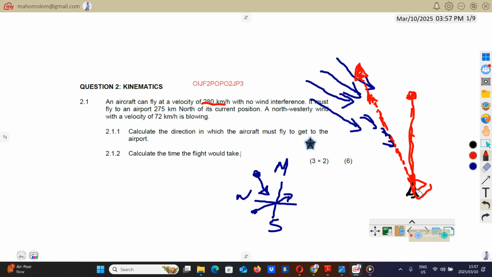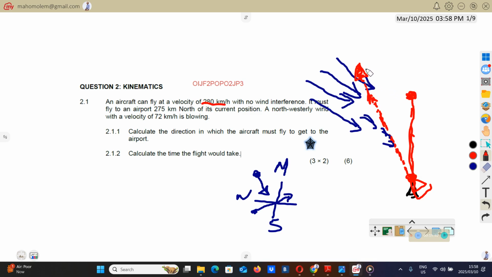That's why you'll see this line from here to there is going to be shorter. The length of this represents the speed. So this is the actual, or new, speed after the combination of this wind speed and this aircraft trying to take that direction. So these two forces will result with a new speed, represented by this line here, which is shorter now, which means the speed will be decreased.